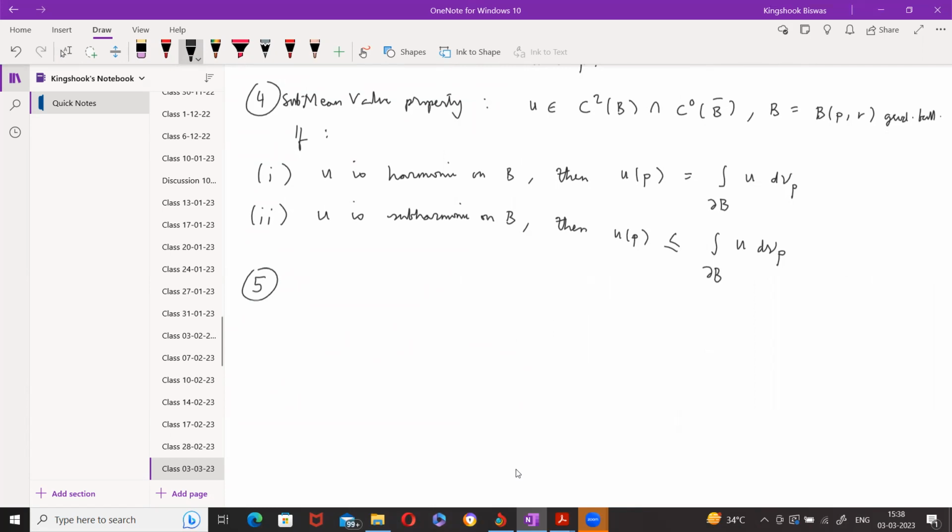So 5 is called the strong maximum principle because this implies the weak maximum principle.